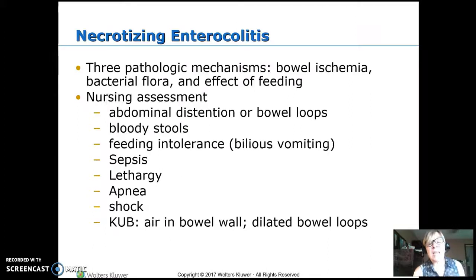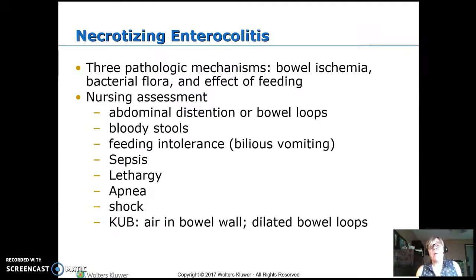So what you see is abdominal distension, and you can often feel bowel loops. As you're palpating the abdomen, instead of it being soft all over, you feel loops. They may have bloody stool. They may have vomiting, particularly bilious vomiting, and they're not going to tolerate feedings, especially if they had been tolerating feedings and now they stop.